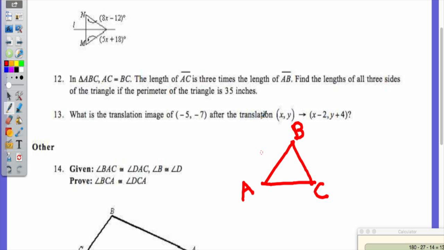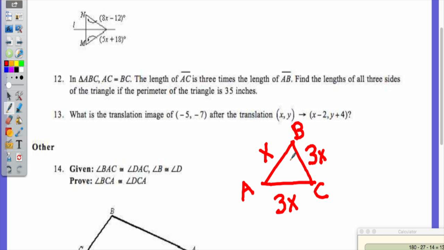So if I call AB X, AC is 3 times X, correct? Okay, and I'm told that AC is equal to BC. So if AC is 3X, BC is 3X.